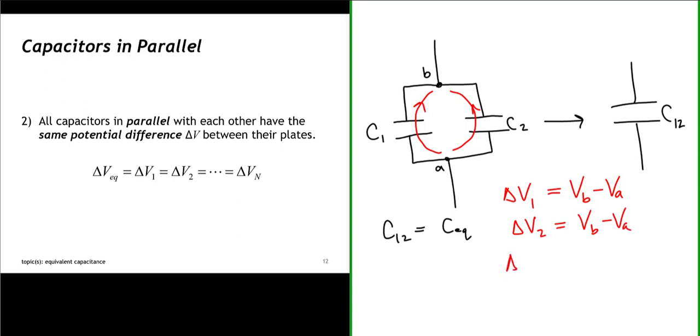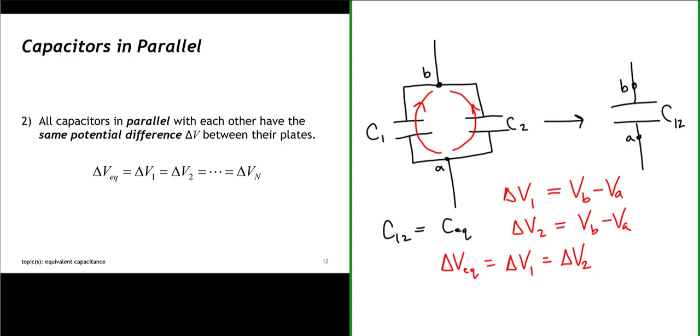Because of path independence, the potential difference across capacitor 1 is equal to the potential difference across capacitor 2. Since those two capacitors can be replaced by a single equivalent capacitor, we could say the potential difference of the equivalent capacitor is equal to the potential difference of each of the capacitors in parallel.